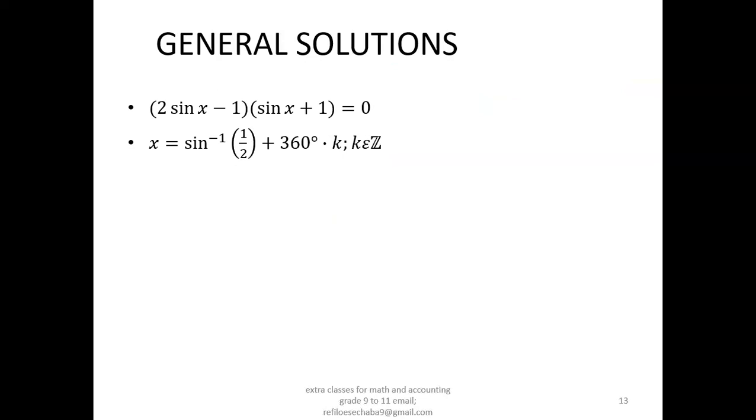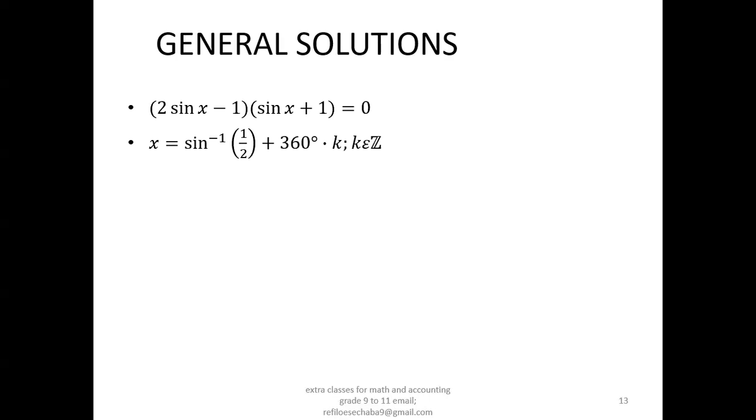When you isolate the ratio, you are left with the ratio and a couple of numbers, which is just a linear equation. I simply solved the first equation, 2 sine x minus 1. When you isolate the ratio, you have sine x equals 1 over 2, and you simply find the inverse sine of 1 over 2.